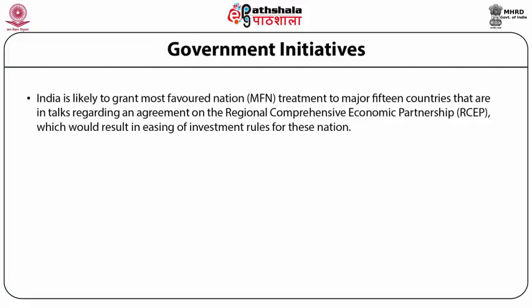India is likely to grant most favored nation treatment to major 15 countries that are in talks regarding an agreement on regional comprehensive economic partnership, which would result in easing of investment rules for these nations.